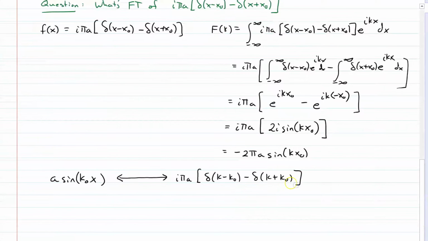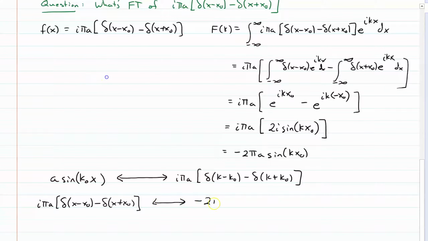And then we also did what if I had this function, i pi a times delta of x minus x0 minus delta of x plus x0? What we found is that that is a Fourier transform pair with this one, minus 2 pi a sine of k x0.